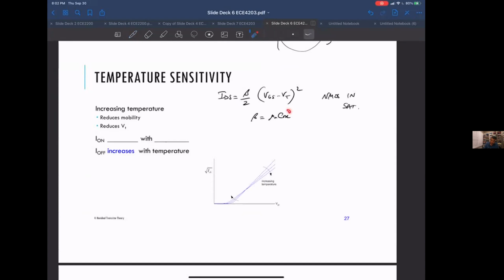One of them is the mobility at higher temperature. The mobility tends to go down. Remember that velocity v_n is mobility times the electric field, so mobility tells you how fast an electron will go given an electric field. This mobility goes down with temperature in the typical temperature ranges we're dealing with.